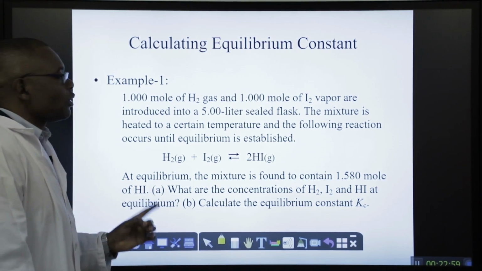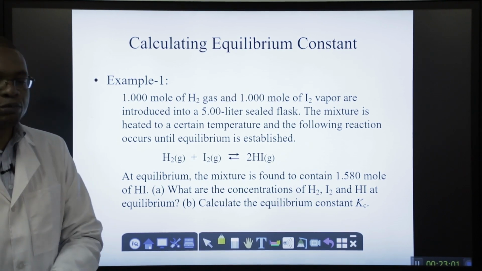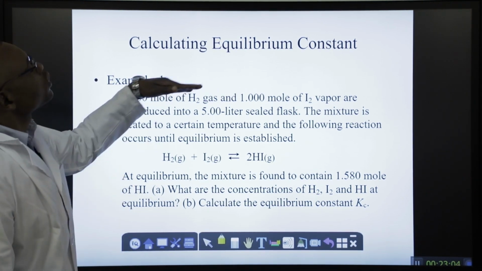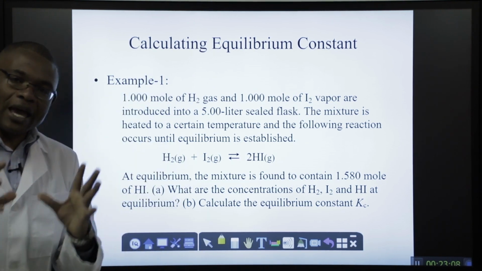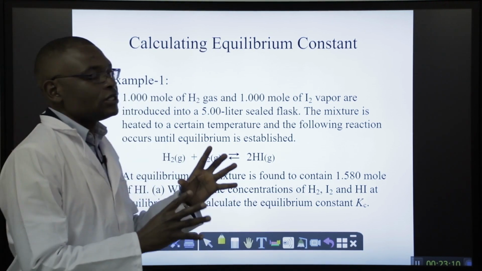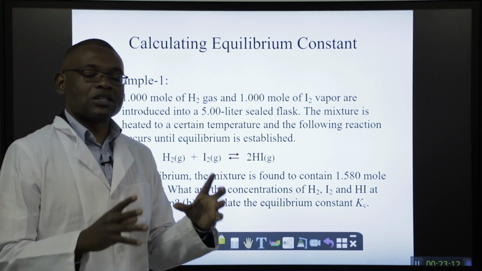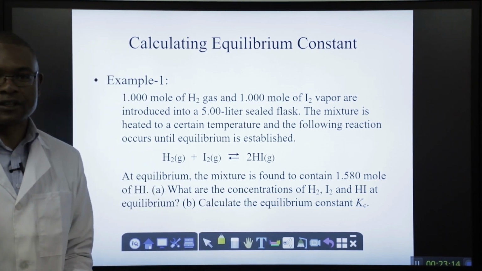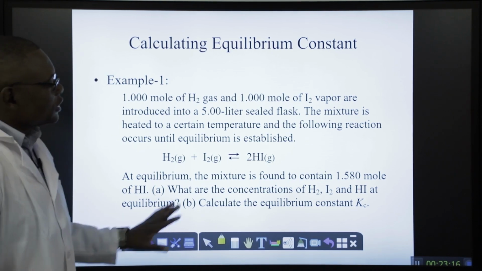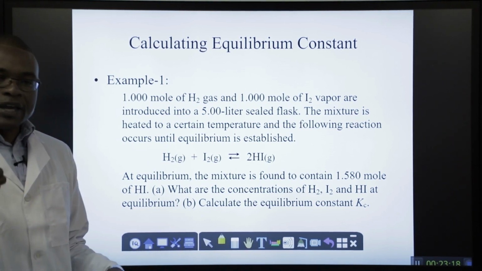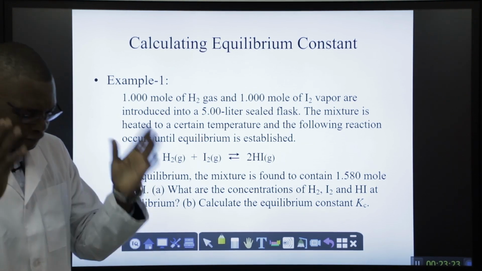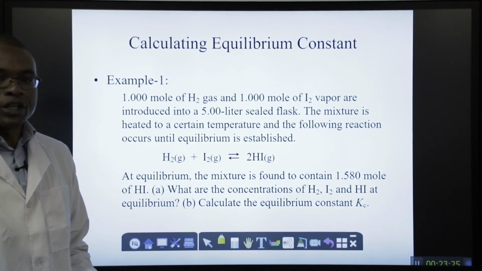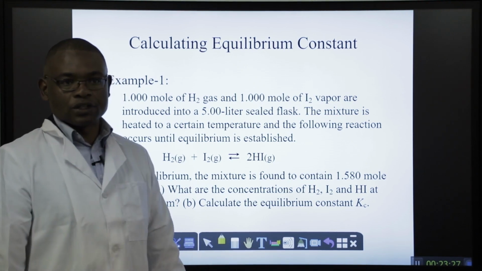So for example here, what you should consider first before you do anything is that this is equilibrium. And in equilibrium, we only deal with quantities expressed in terms of concentrations. So whatever quantities you have, if they are not already expressed as concentration, your first port of call is to change them into a concentration.